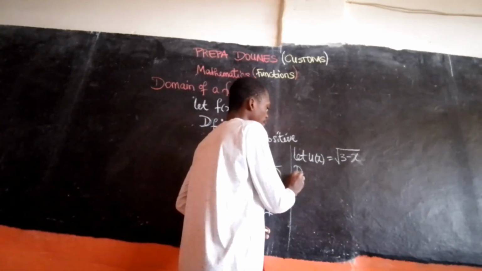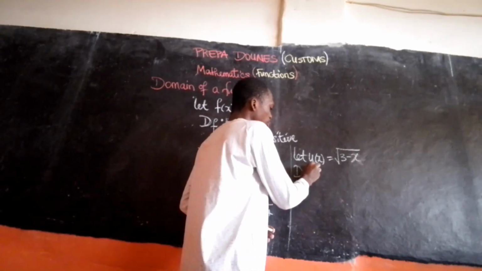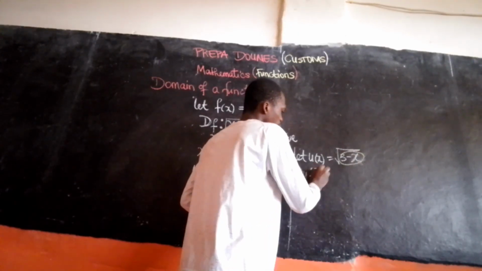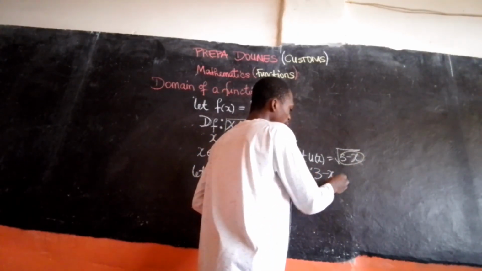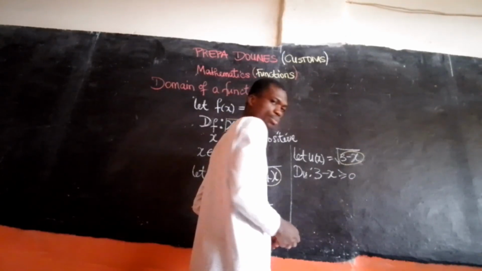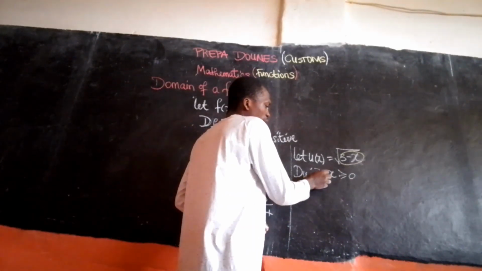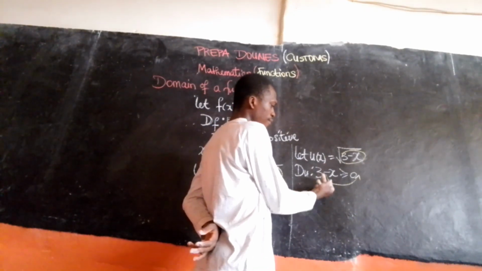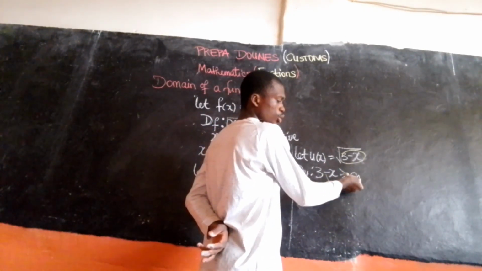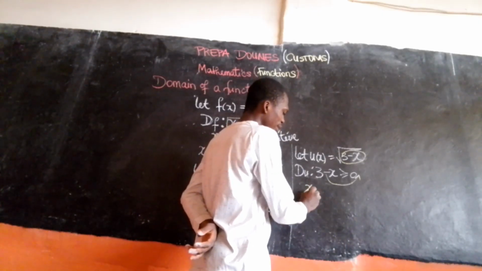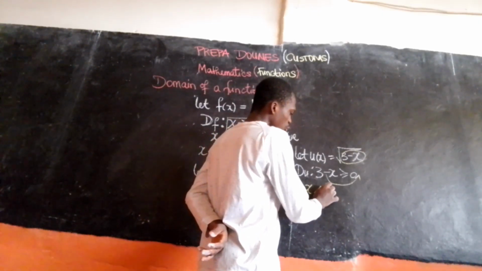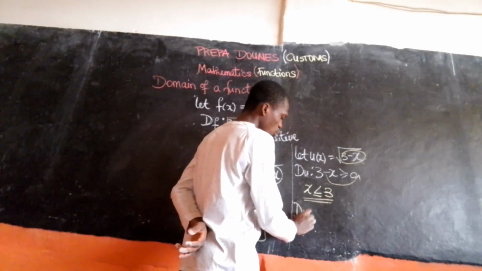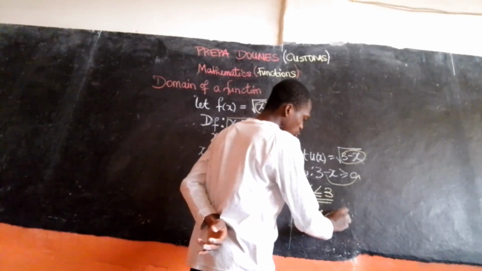The domain of u should be such that this 3 minus x should be greater than or equal to 0. So for 3 minus x to be greater than or equal to 0, it simply means that x should be less than or equal to 3. This is the domain of the function. The domain of u is such that x should be less than or equal to 3.